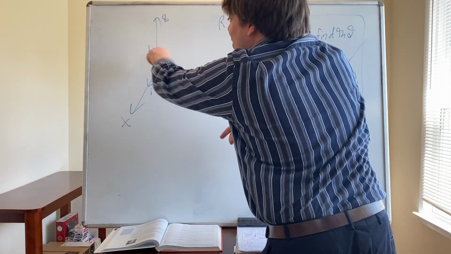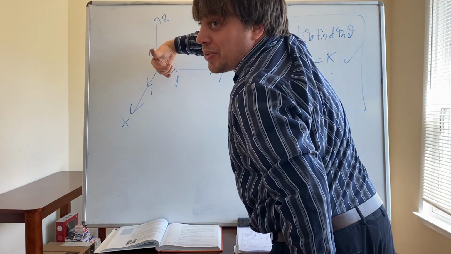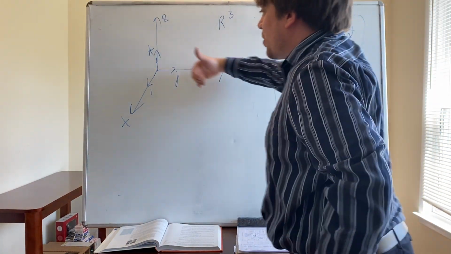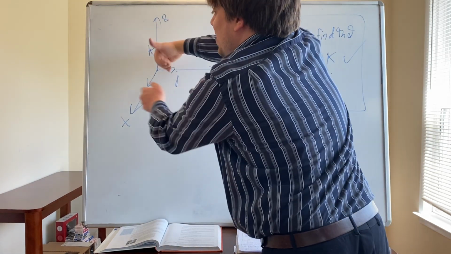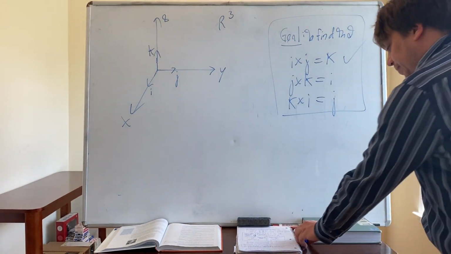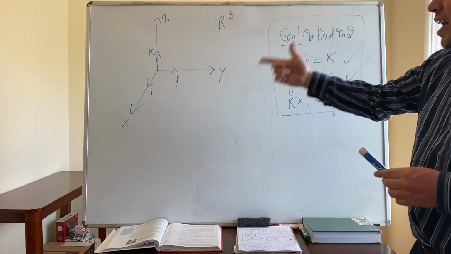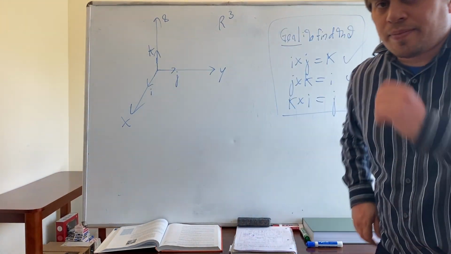And if they curl in this direction, my thumb is again pointing out of the board. What out of the board means here is that the y and z axis were the board. Out of the board would mean the other axis, the third axis, which is the x-axis, in the positive direction. So j cross k is I. Going out of the board here means the positive direction of the third axis.